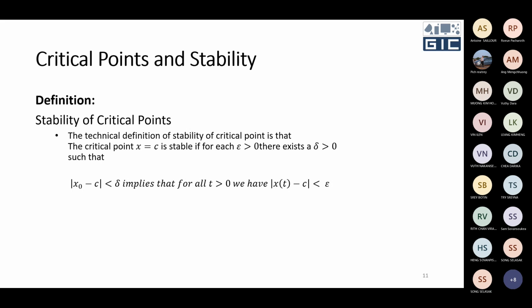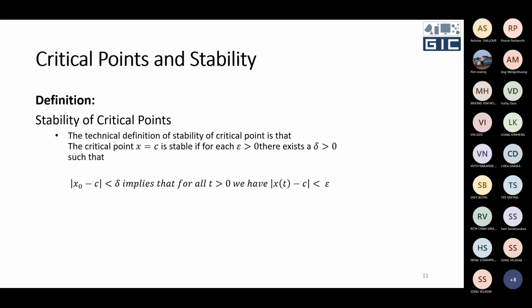So x equal to c is stable if for every epsilon greater than 0 there exists a sigma greater than 0 such that if |x minus c| is less than sigma, then for all t greater than 0, |x(t) minus c| is less than epsilon.